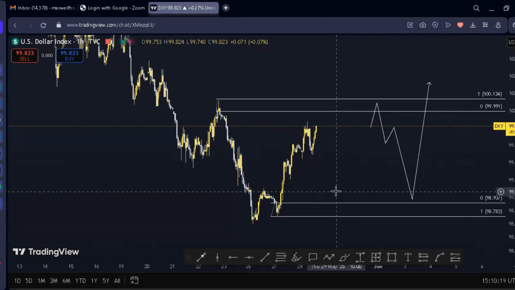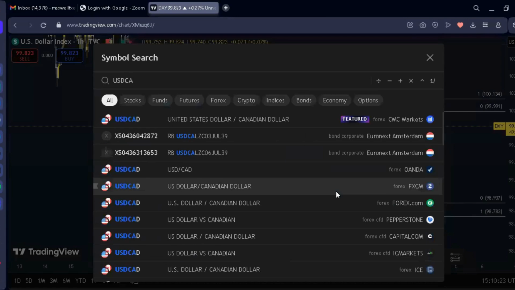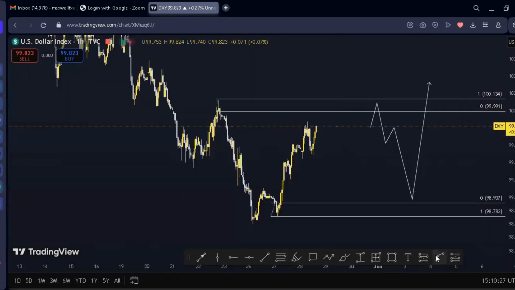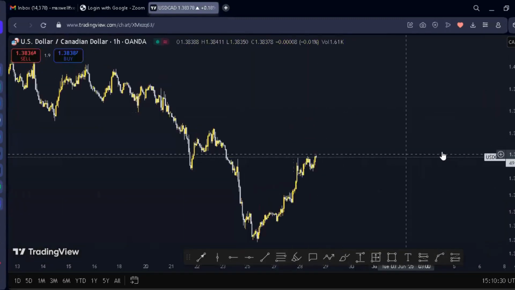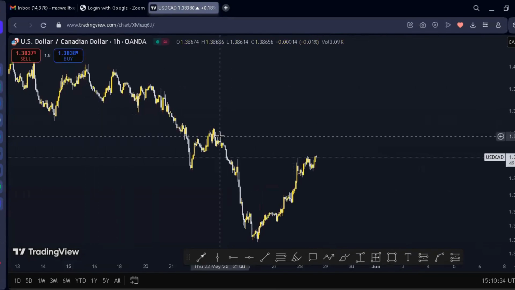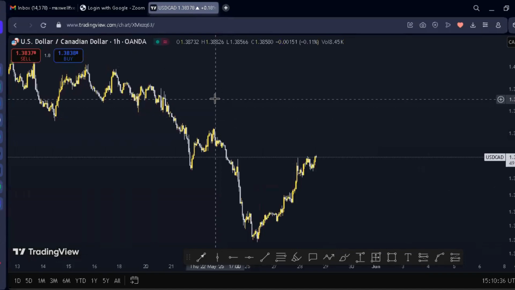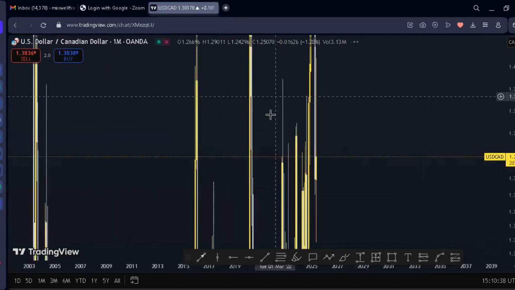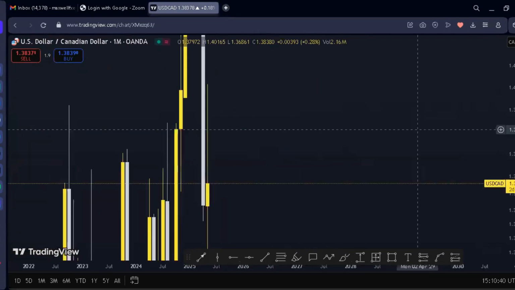All right. Let's look at the US dollar against the Canadian dollar, aka the loonie. Monthly time frame.